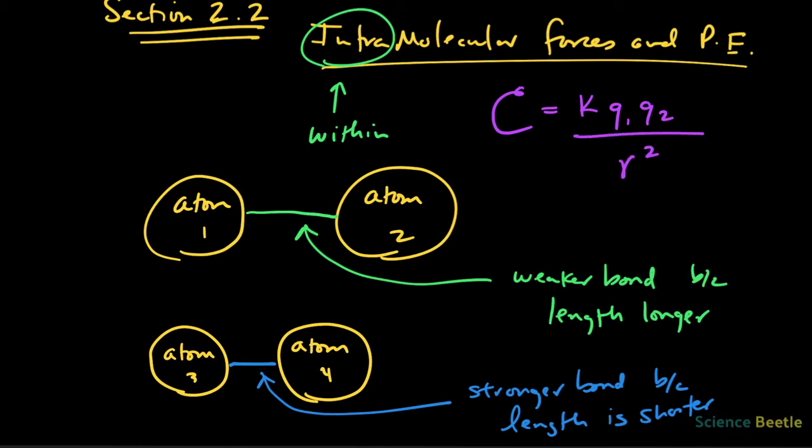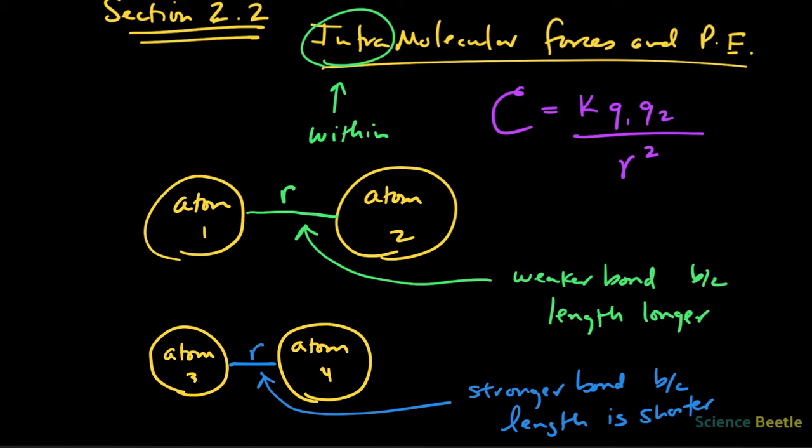So the idea here is if this bond, R, has a smaller length, we can represent that as R. When we do the radius, it'll be the radius from center of the atom to center of the atom, and then that's what that value is. And the same thing on the other atom, R is here.